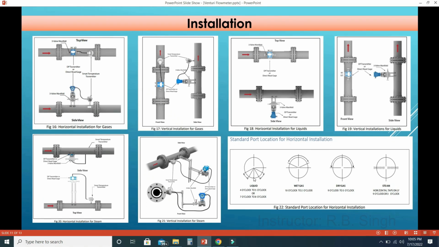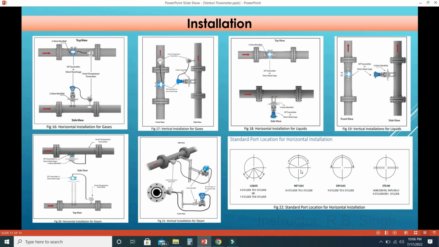So you can see, this is the 4 o'clock to 5 o'clock, like this tapping can be there, this tapping can be there, or this tapping can be there. So in other language, you can consider it is the horizontal or below horizontal line tapping.